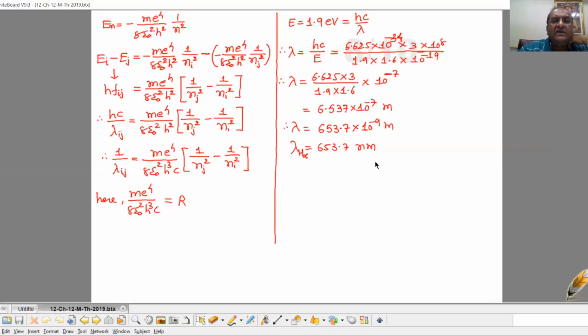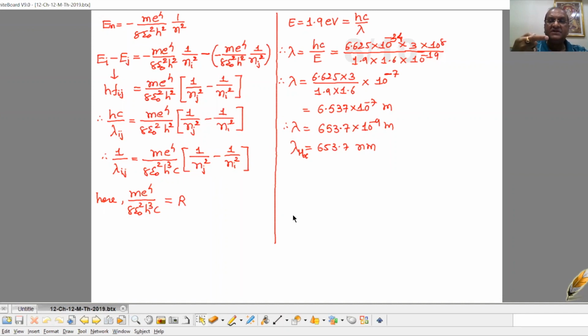Now see here, we calculated the wavelength of the emitted radiation during the transition of the electron from n equal to 3 to n equal to 2, that is the base orbit for the Balmer series. Okay. Now see in the text figure number 12.9. In that, you can understand that when the transition of the electron takes place from n equal to 3 to n equal to 2, you will get the H alpha line of the Balmer series.